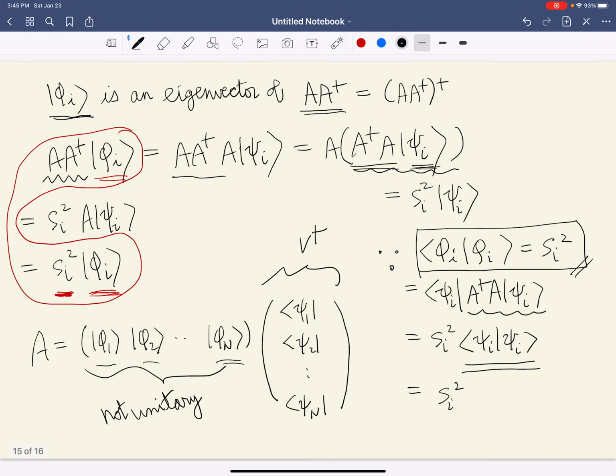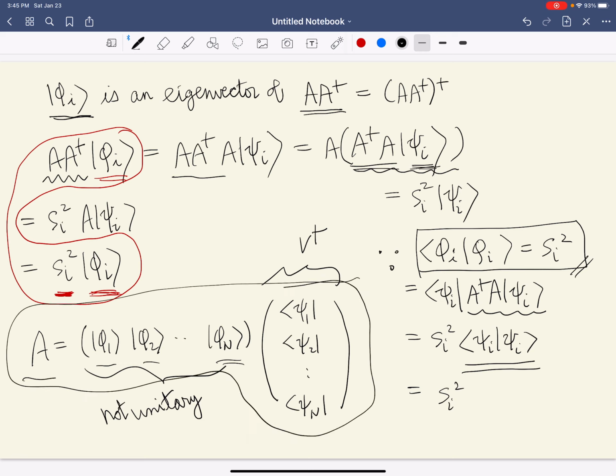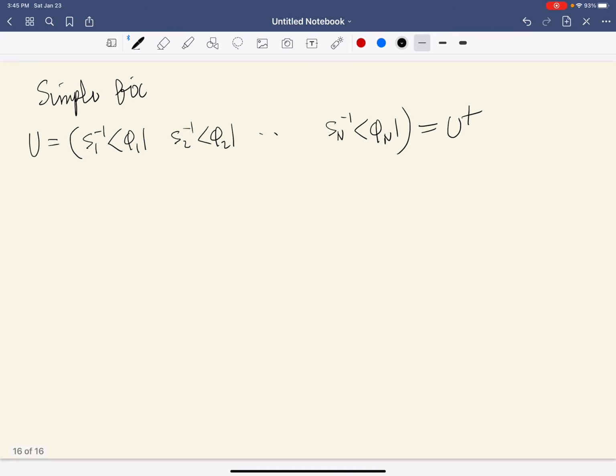Well, the only remaining trouble is that A has this decomposition, but the unitary matrix is not the previous expression, but has various factors in front of each eigenstate.